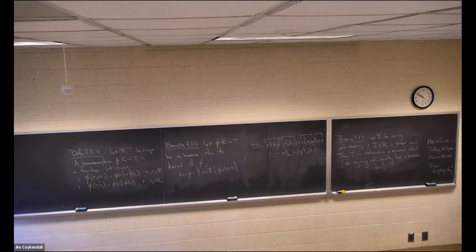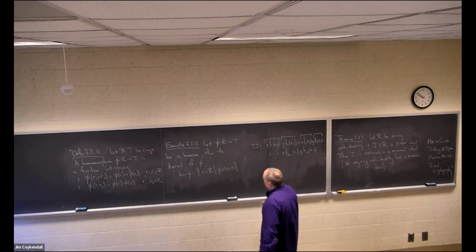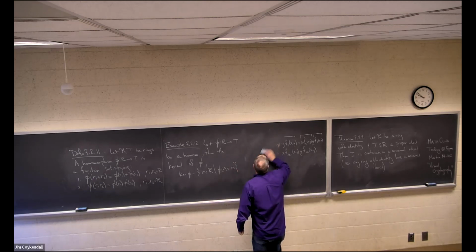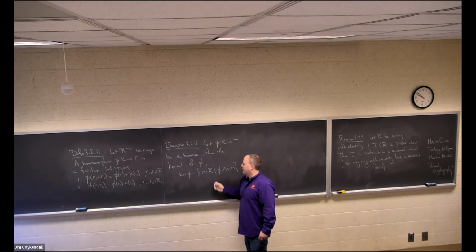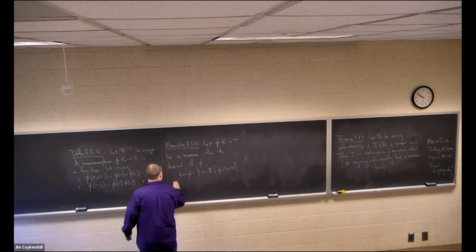The kernel of phi is all the elements in R that go to 0. This is just like the null space. And in fact, if you look back to vector spaces, when you all did that in linear algebra, a vector space is an abelian group. The null space was just the kernel of that. Well, a linear transformation is a little bit more than an abelian group homomorphism, but the idea is the same, the concept is the same. This is an ideal.